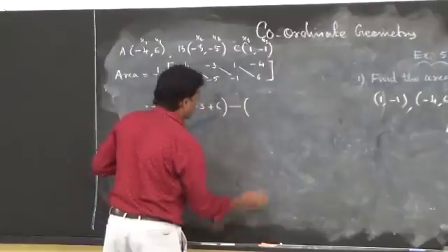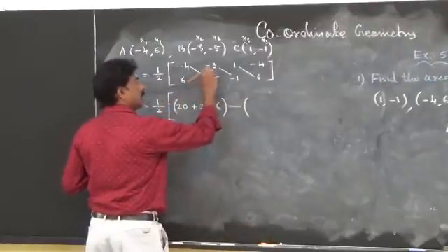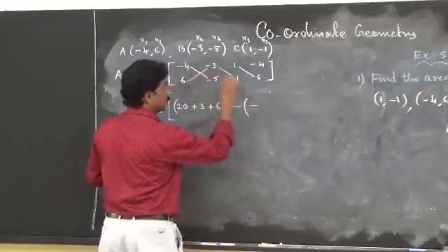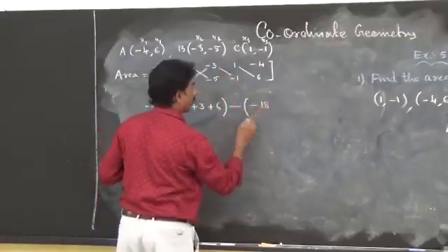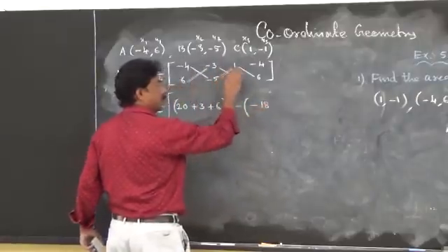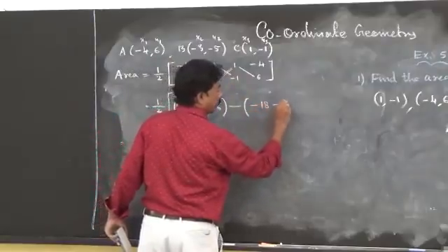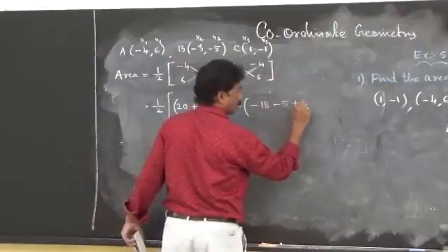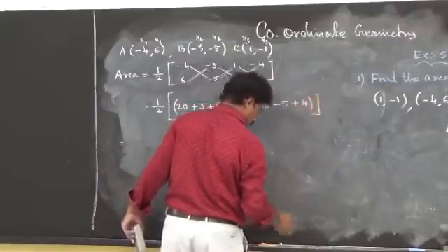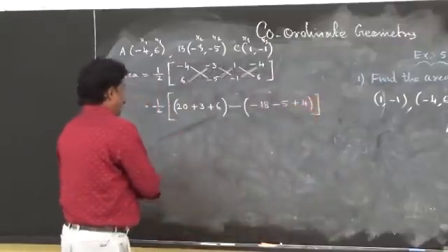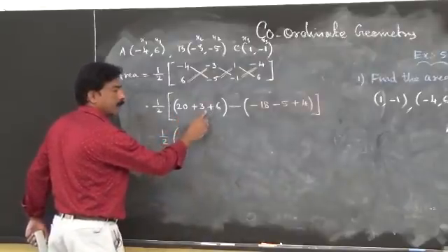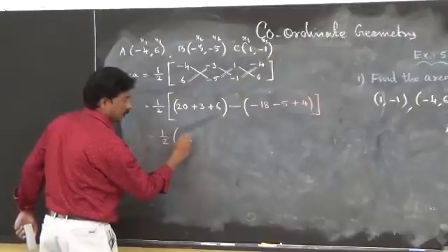Now, this direction. 6 into minus 3. Plus into minus, minus. 6 into 3 is 18. Minus 5 into 1, minus 5. Minus 1 into minus 4, plus 4. Now when you simplify, 20 plus 3 plus 6 is 29.